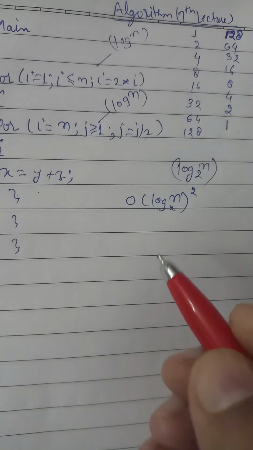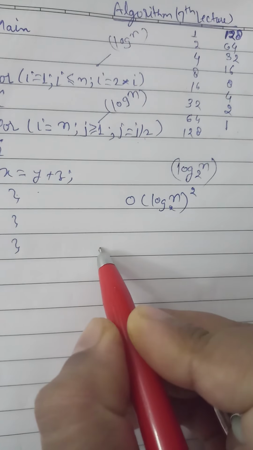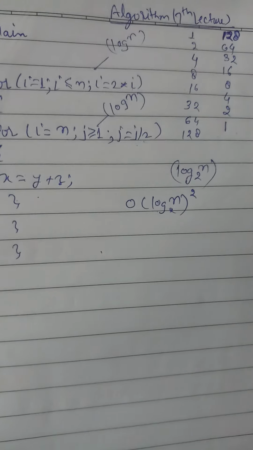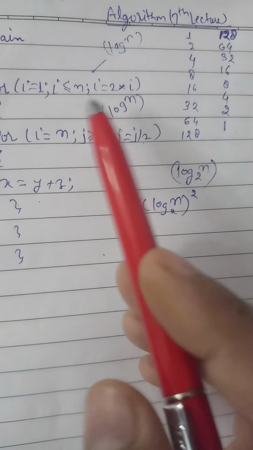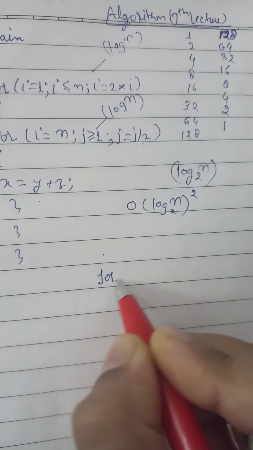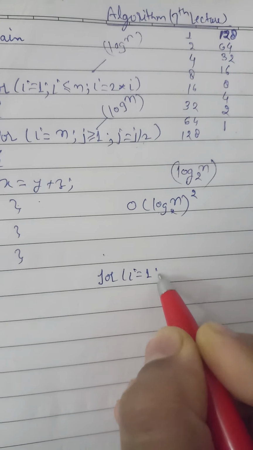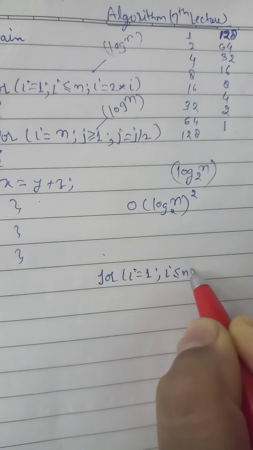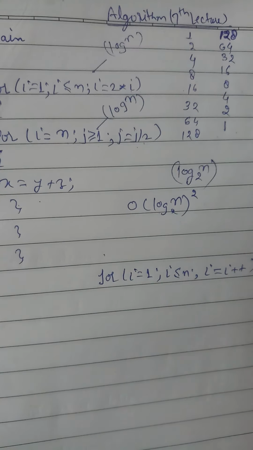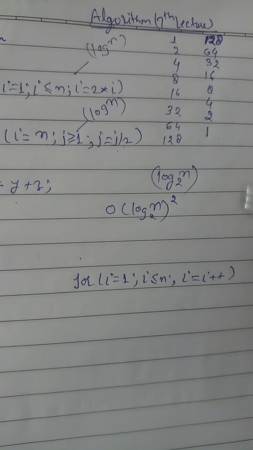Or suppose we have this for loop instead of this for loop in the same program: for i equals 1, i less than or equal to n, and i plus plus. Then what will the time complexity be?